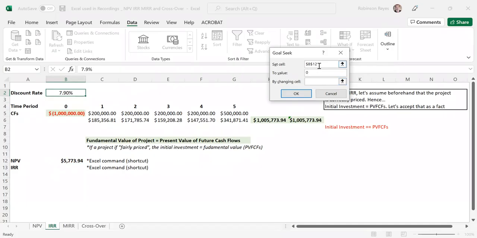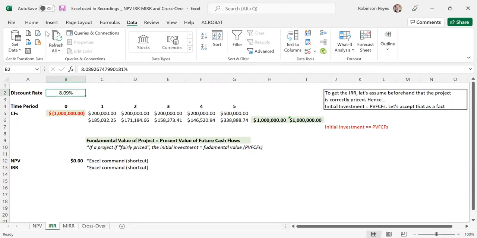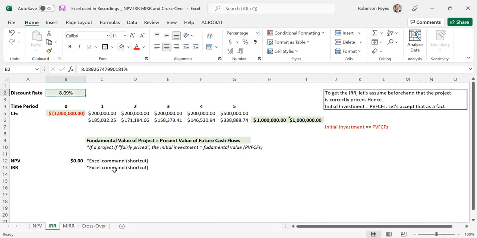And we want Excel to make net present value zero by iterating all possible values of the discount rate, until Excel finds one discount rate that makes initial investment equal to the present value of cash flows, and therefore net present value will be zero. We allow Excel to look for this, and we end up with this rate here, 8.09%. That is the internal rate of return.